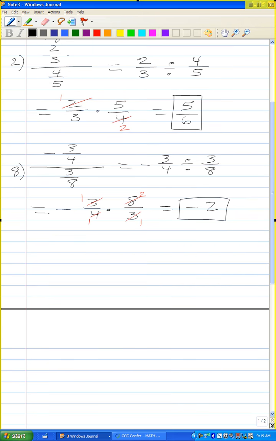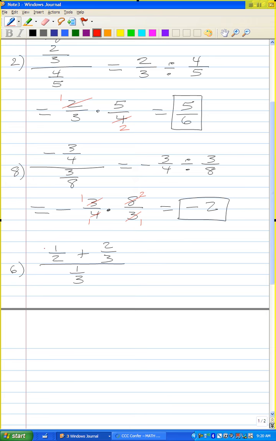Let me do problem number 6. And so 1/2 plus 2 thirds divided by 1/3. Let me do this a slightly different way. Let me multiply both the numerator and denominator by the least common denominator.